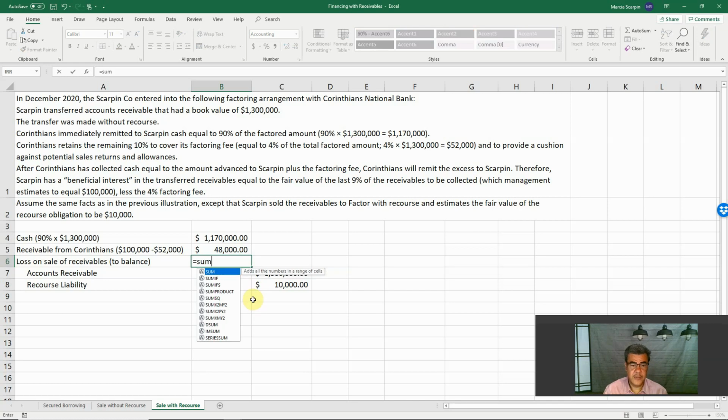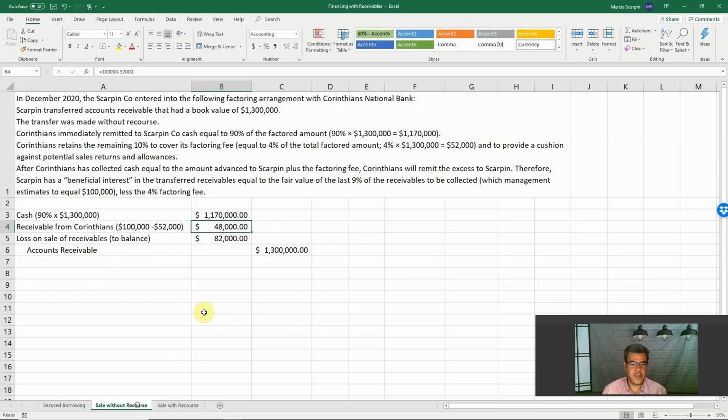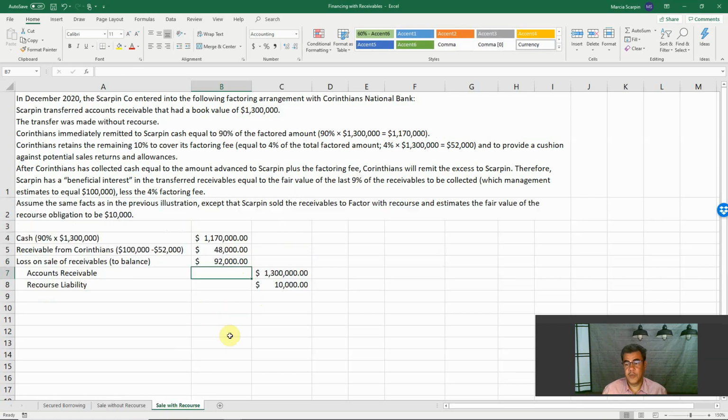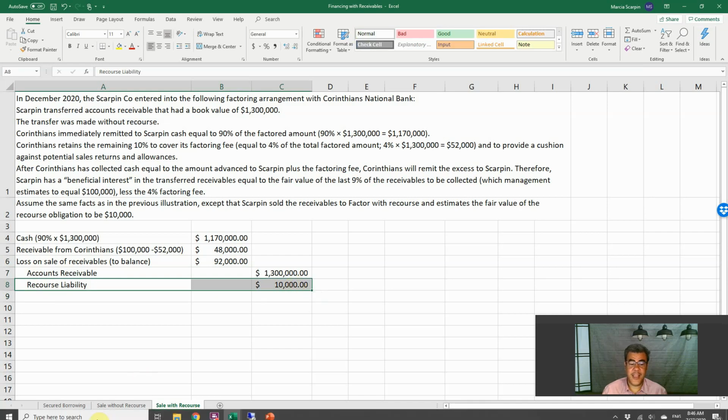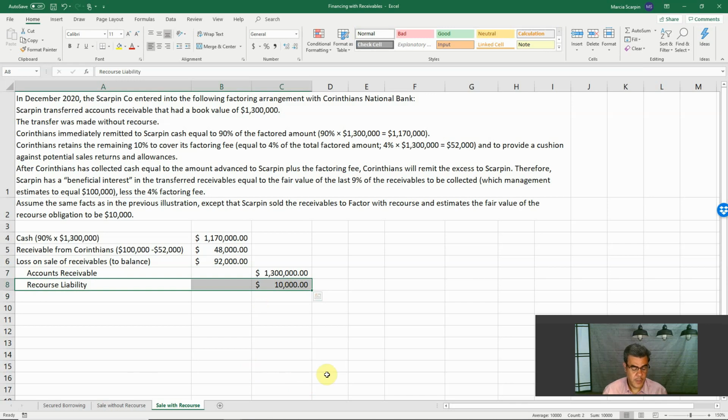How much higher? $10,000 higher. So the sum here of credits less the sum of our debits, it will be 92, our loss. And here is the 82 of our loss. So with recourse, we have this additional liability here that we don't have if we have it without recourse.